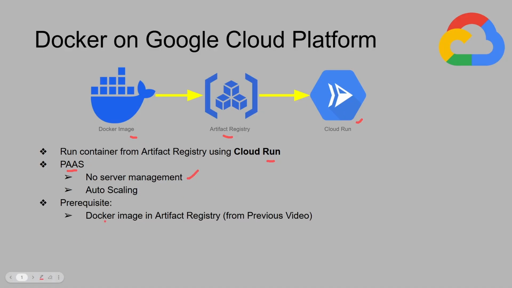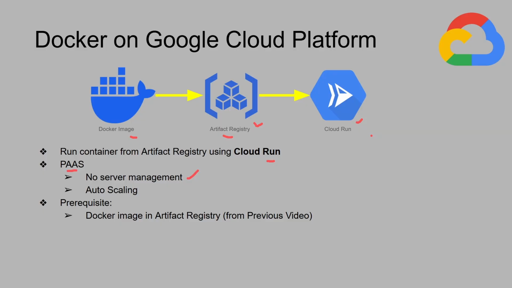The prerequisite for this demo is a Docker image in Artifact Registry, and then we can run it on Cloud Run. In my previous video, I already built a Docker image and pushed it to Artifact Registry. So in this video, we will explore how we can run that image stored in Artifact Registry using Cloud Run.